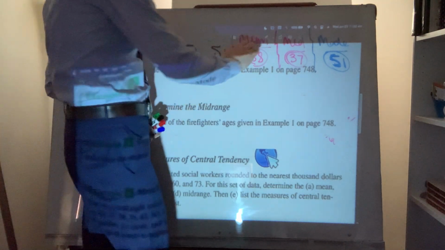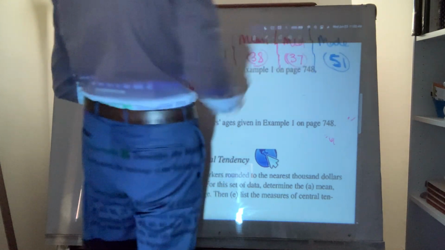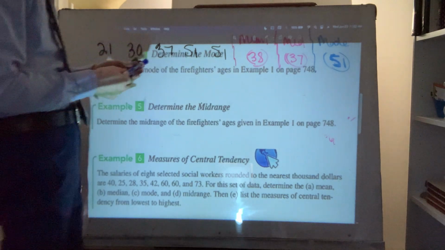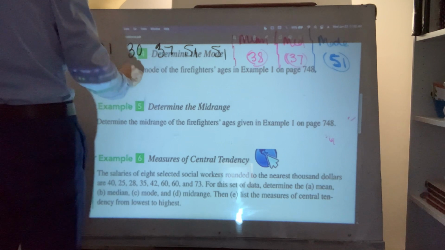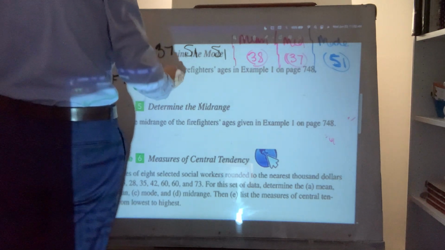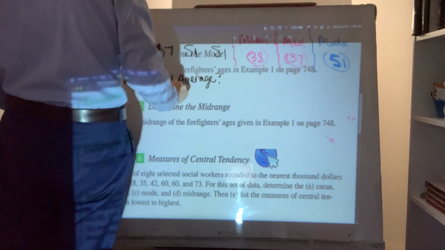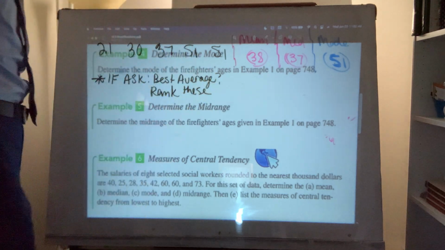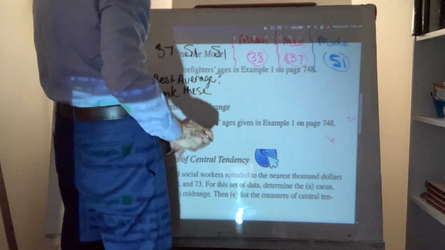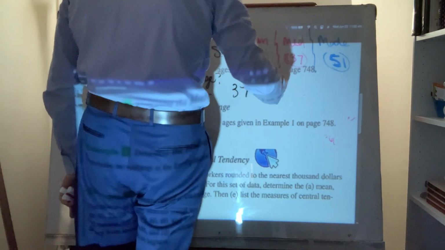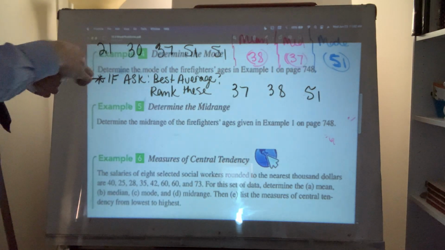This isn't something you're required to do, but if you had to choose the best average, if you're asked to rank these, you need realistically 3 of them, and you have the main 3. So 37, 38, and 51 would be then in order, right?